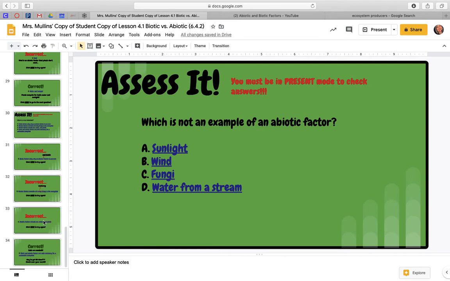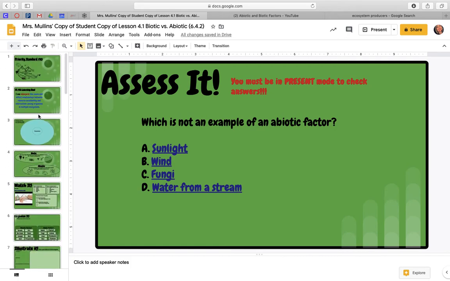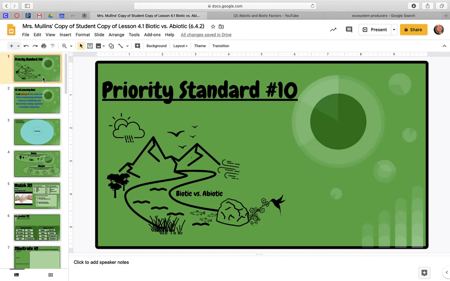So hopefully, boys and girls, this kind of helped you better understand biotic versus abiotic. Hopefully you'll go back and check your slideshow. I prefer to do this video and let you go back and see what you got correct and what you got incorrect versus giving you each individual feedback on the slideshow, because then you would wait for me forever with 160 students.